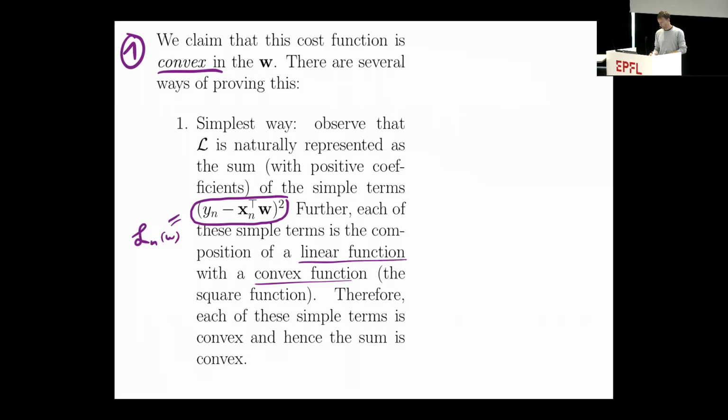What's happening here is that we are reparameterizing the w, and then we feed it into the next convex function. If you do this linearly, it's okay, but convex after convex is not necessarily okay to build these compositions. So composing a linear function with a convex function is okay.